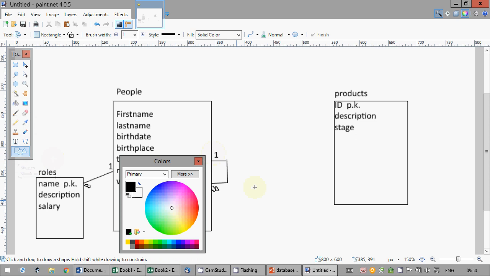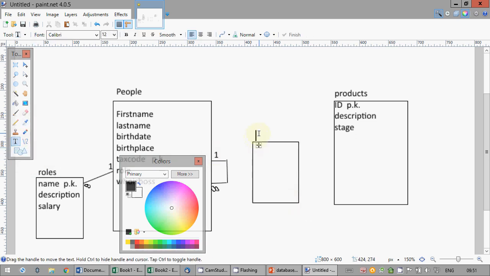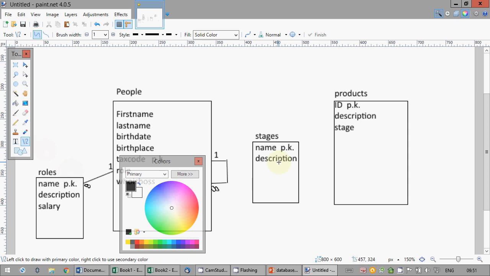Or you can have, exactly as here, a stages table which contains the stage ID, the name, or the stage name, which is the primary key, description, and stuff.